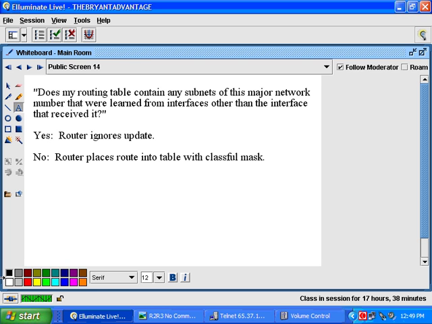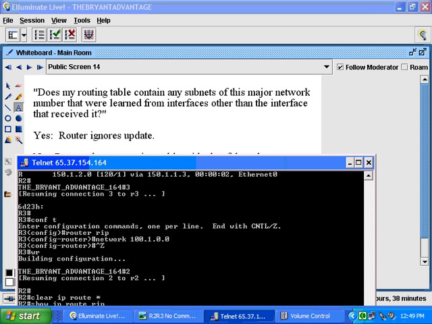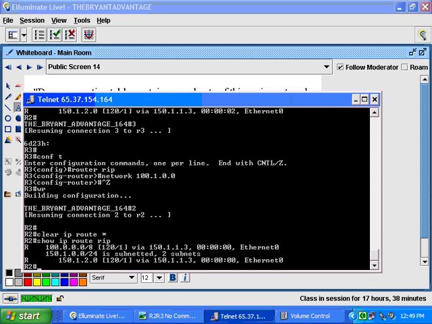interface that received it? Well, if the answer were yes, if in this table router 2 already had a route for the major network number, if it had any subnets of 100.0.0.0, it would actually get rid of it. It would not accept the update.